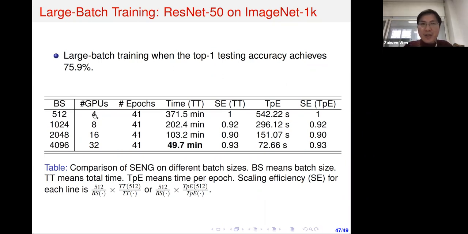There's a main difference, because for those cases, all communication is on a single node, so everything can be relatively very good. But in this case, we have to communicate between two nodes. If the connection between the two nodes is not fast, then the computational efficiency can be small.